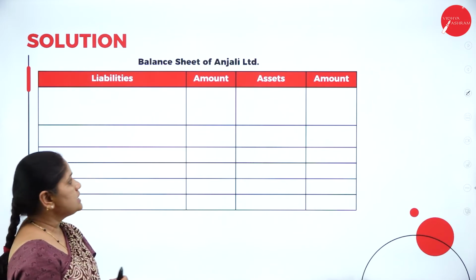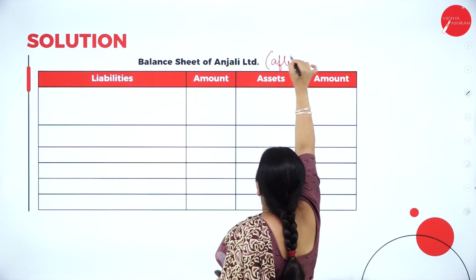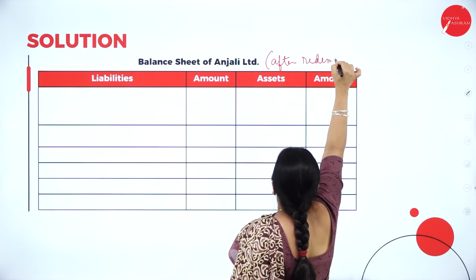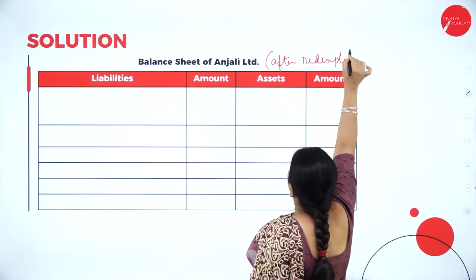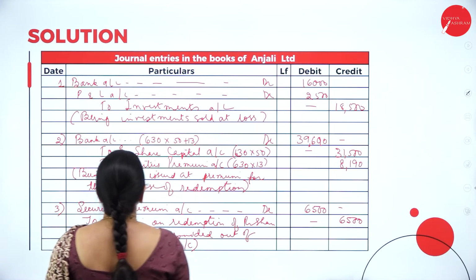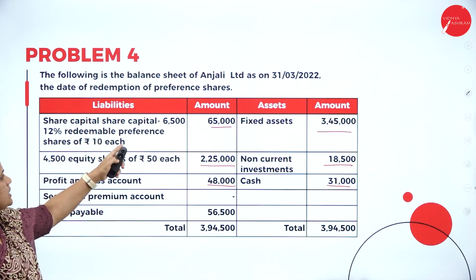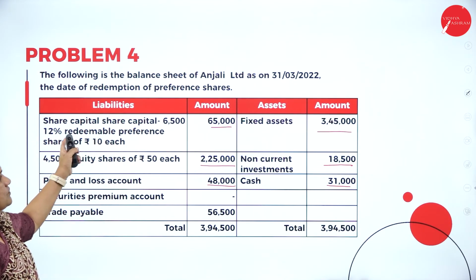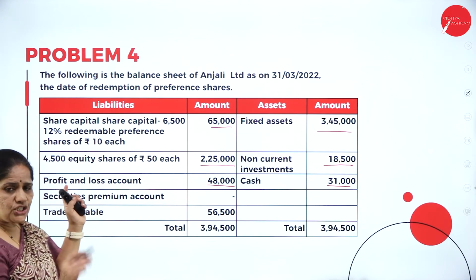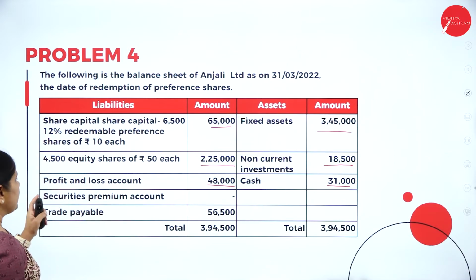Now the balance sheet of Anjali Limited after redemption. So we will first see what the previous balance sheet is. In the previous balance sheet, there was share capital of 6,500, 12% redeemable preference shares. This will not be shown in the balance sheet because they have been redeemed.